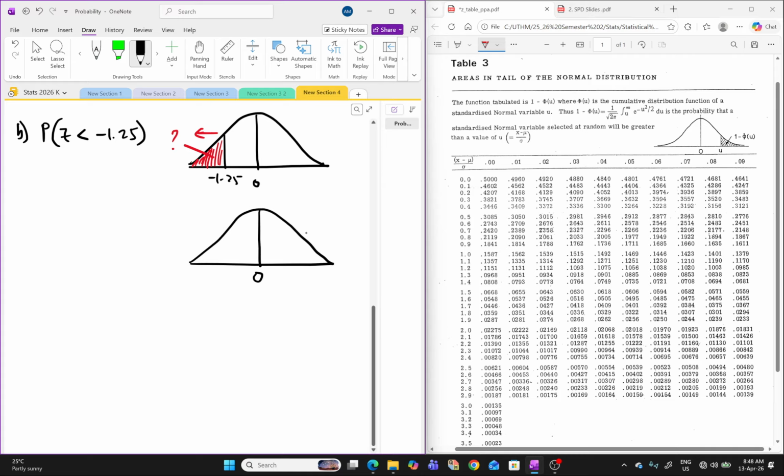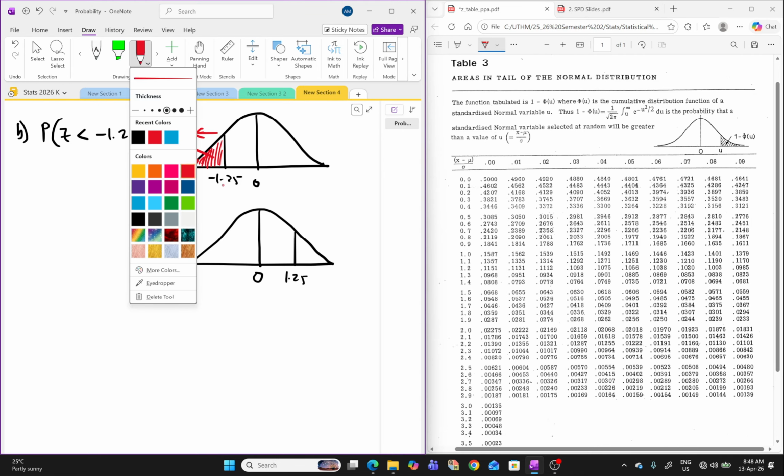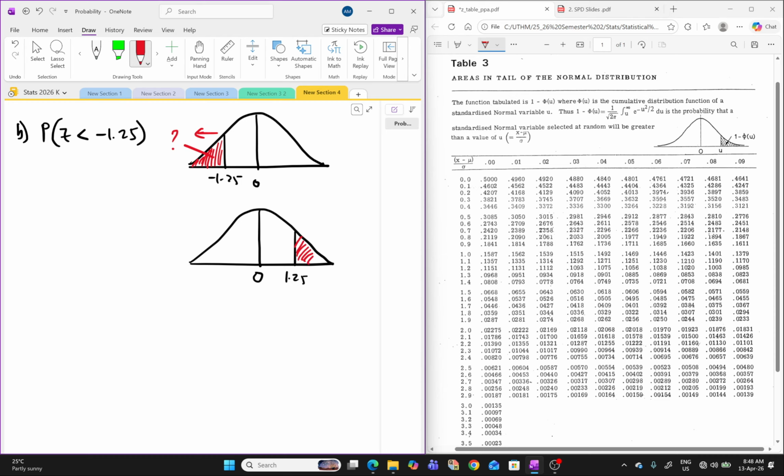Cuma when you switch, you put here positive, negative become positive, but the area still same, because angka dia sama. Why we have to switch? Because table ni hanya bagi nilai ke sebelah kanan sahaja. When you switch, what is this value again?